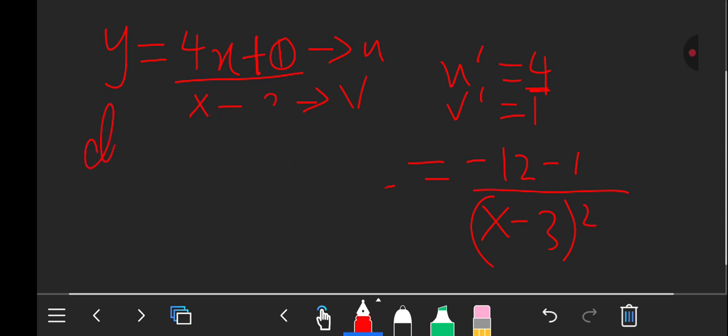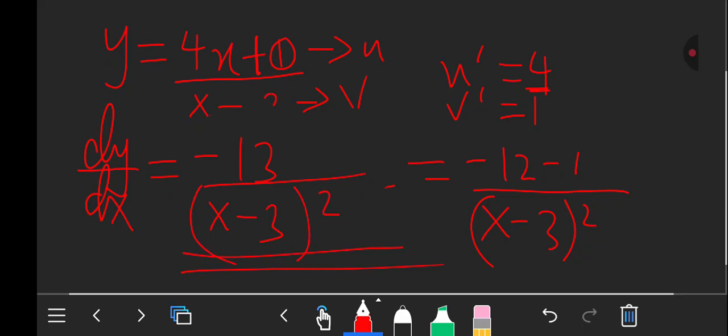So our dy over dx will now be equal to negative 12 minus 1, that is negative 13, over x minus 3 squared. So this is how you can differentiate the first one.